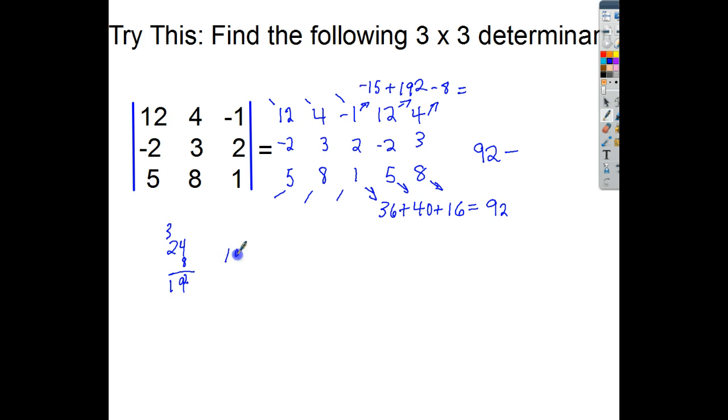So we're going to have 192 minus 15 and 8 is 23. So we're going to have 169. Okay, and 169 minus 92, and that's going to be 77. So we get 77 for our answer. Okay.